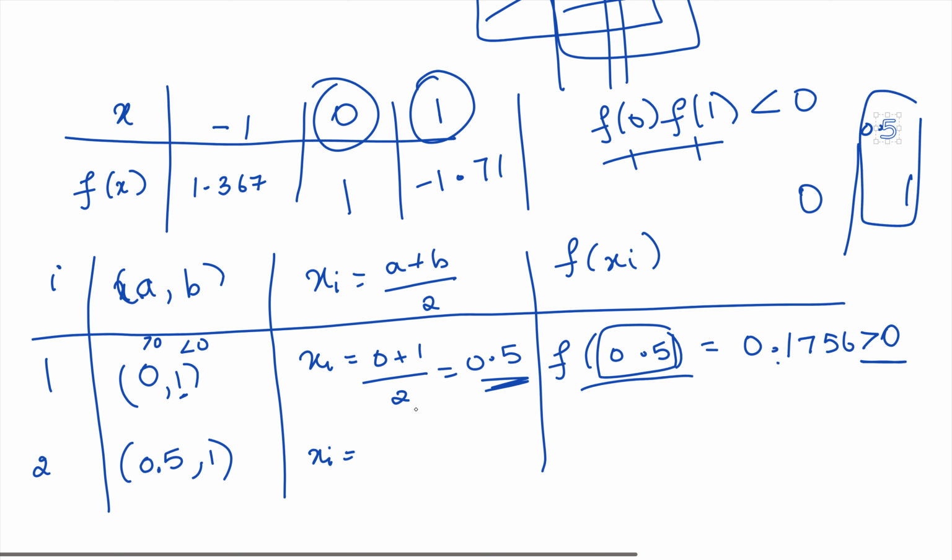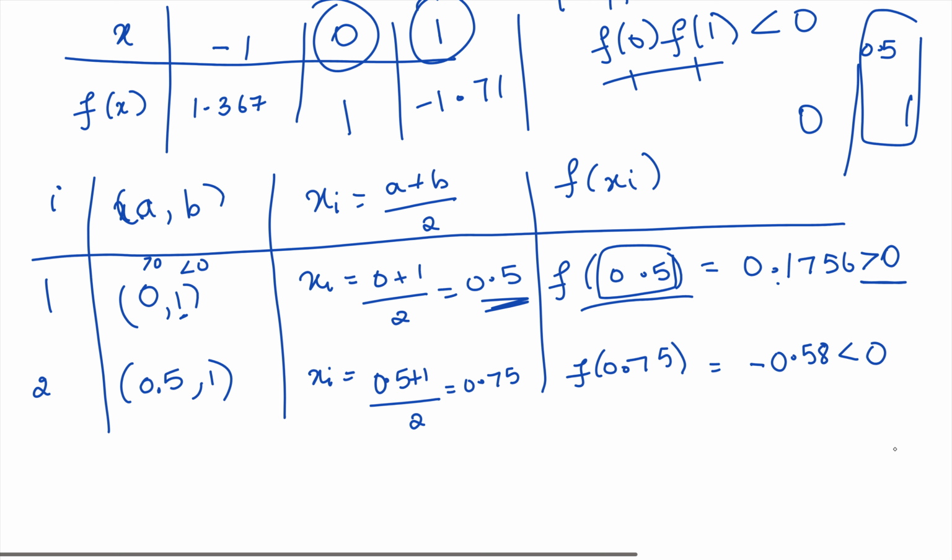Now xi is 0.5 plus 1 divided by 2, which is 0.75. What is f of 0.75? It's minus 0.58. This is less than 0.